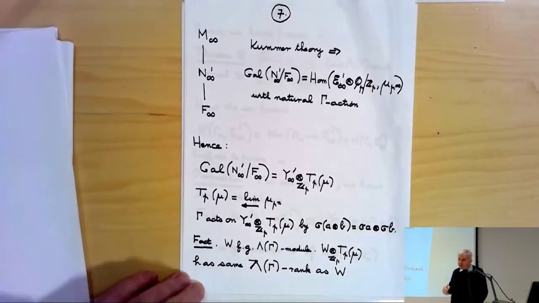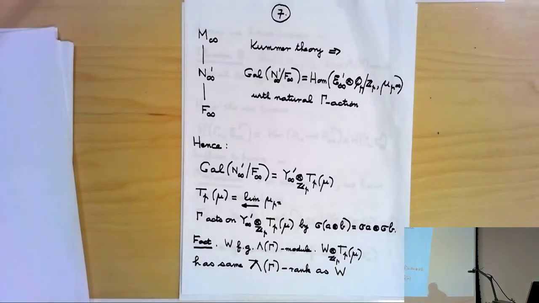But now I leave it to you, as a piece of simple, pure algebra, to think about this: if you have a finitely generated Lambda Gamma module and you take the Tate twist of it with T_p of mu, or any power, positive or negative, of T_p of mu, the twisting does not change the Lambda Gamma rank. Of course, it will change the torsion submodule, but we're not interested in the torsion submodule at this point.